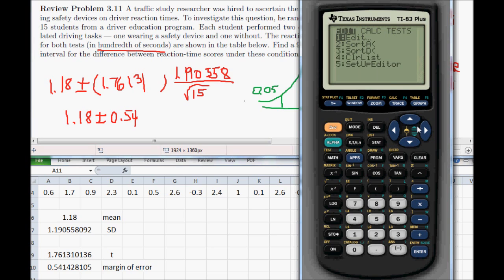And so if I go to Stat, Calc, 1-Var Stats, second L1, this will do the same computation that we did earlier in Excel. So the average is 1.18, which matches what we see here, and the sample standard deviation of 1.19055 is what we see here. And then we can proceed with the rest of the calculation as before.